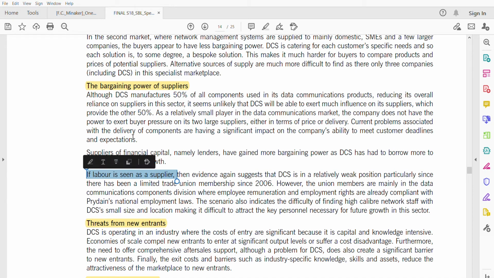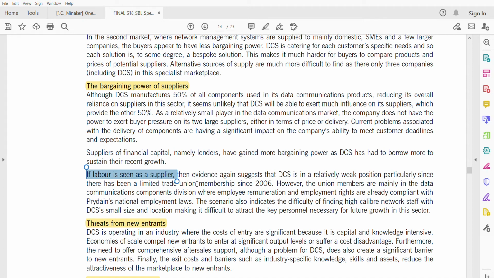Because labor is the one who is working and providing you with income, with an increase in your income. He is the one who is going to supply to the customer, working on behalf of you. So he's a supplier, right?